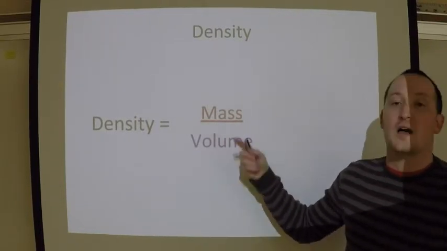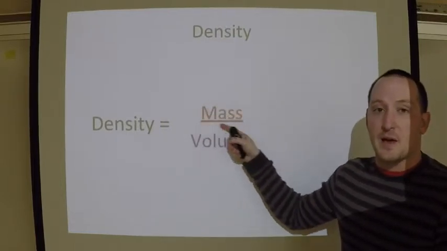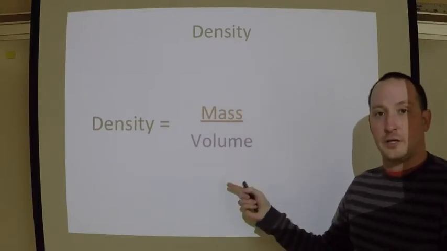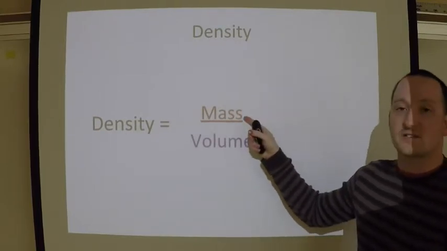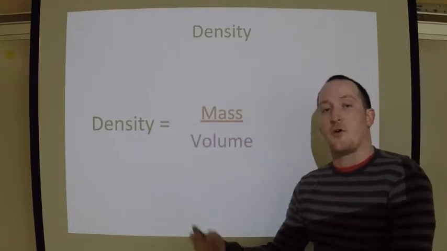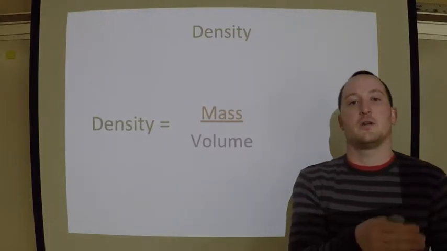Otherwise, I wouldn't get grams per milliliter. If I used my mass in grams and my volume in liters, then I would get grams per liter. All right? So my mass for this problem has to be in grams and my volume has to be in milliliters so that when the problem is over, my units are in grams per milliliter.